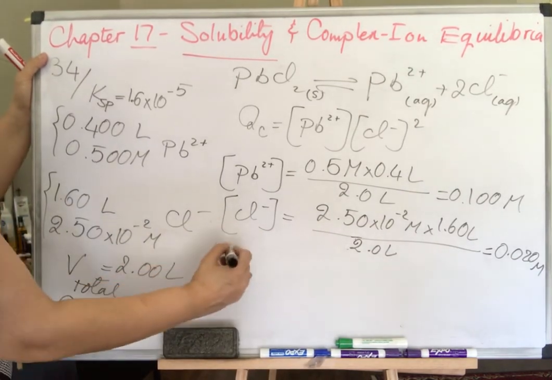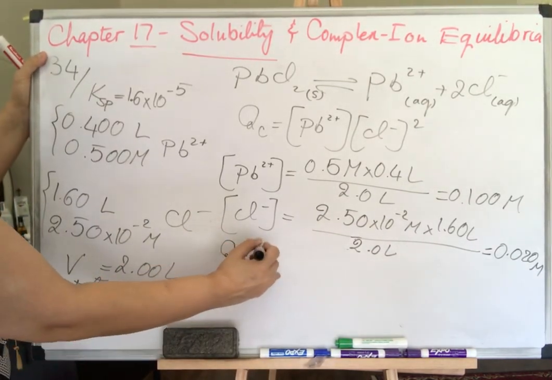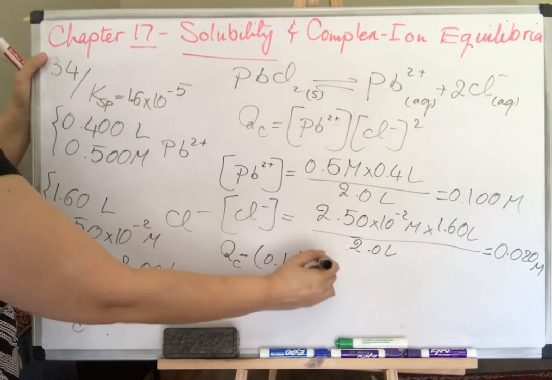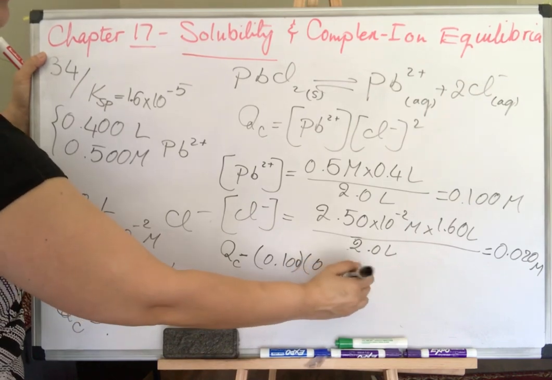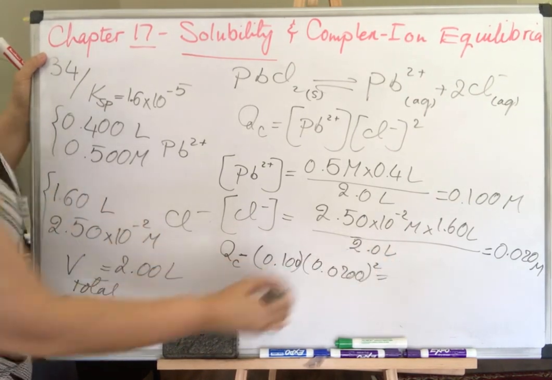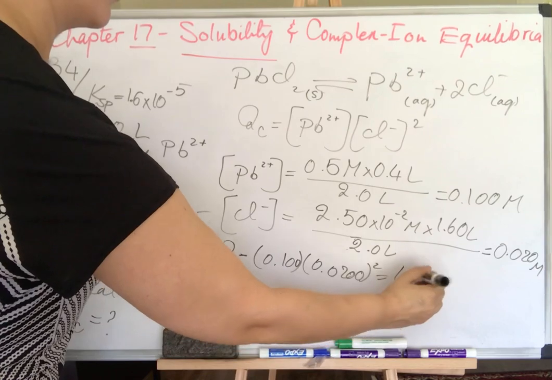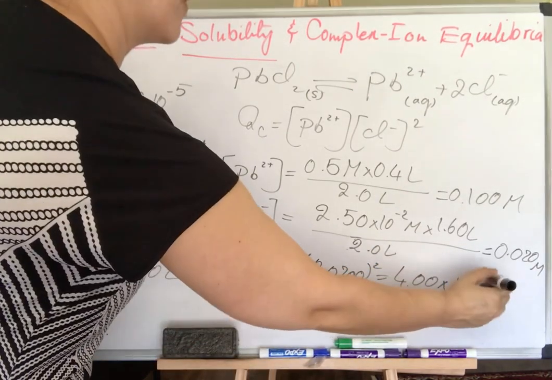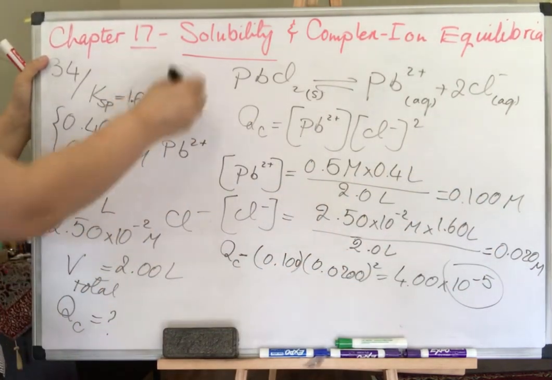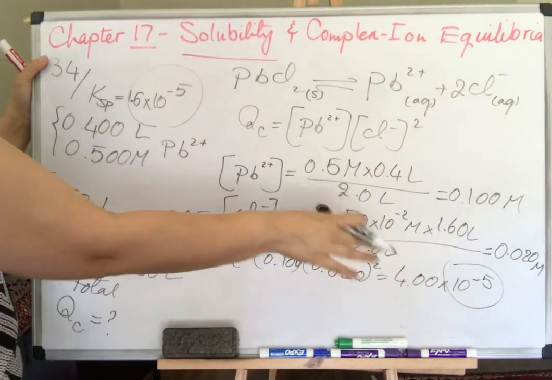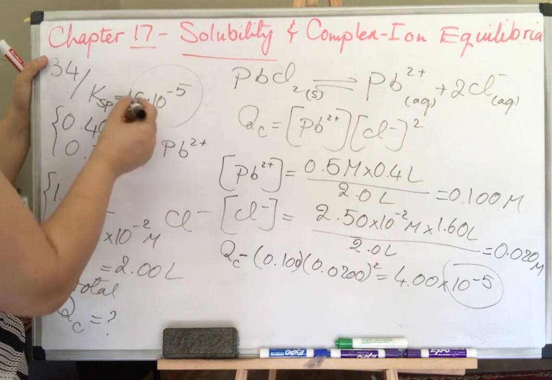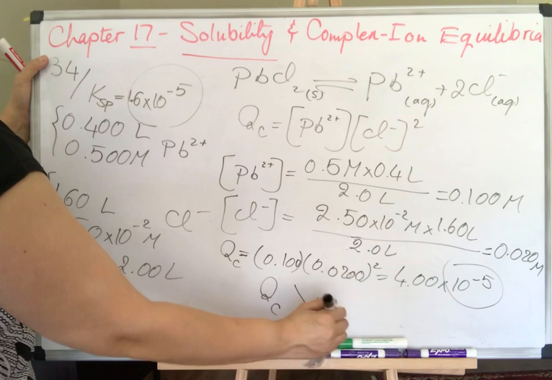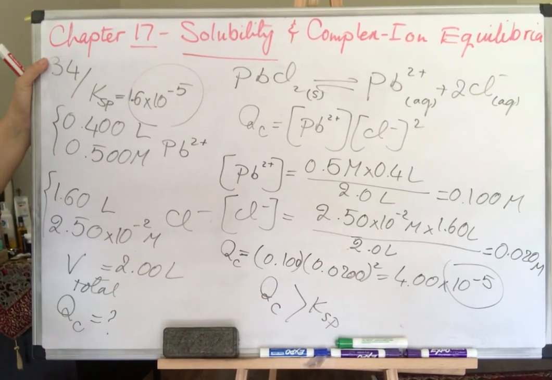So QC is going to be 0.10 times 0.0200 squared, which is going to be 4 times 10 to negative 5. If you compare it, the exponents are the same, so 4 is more than 1.6. So QC again is more than KSP, so this precipitate will definitely form.